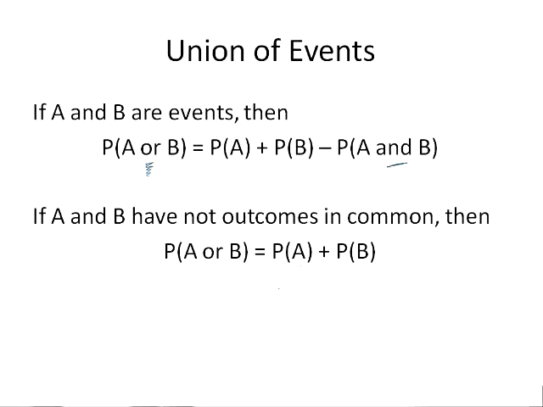Now if A and B have no outcomes in common, then the probability of A or B is simply equal to the probability of A plus the probability of B. All right, we say in this case that the two sets A and B, or the two events A and B, are disjoint, or mutually exclusive events.